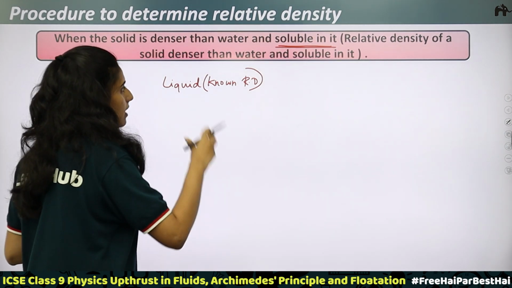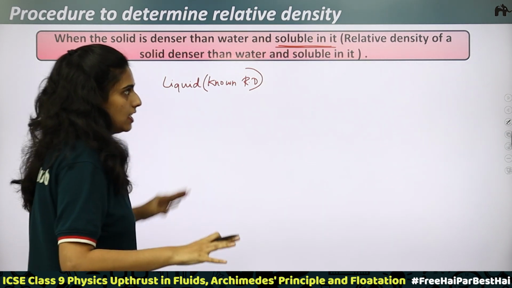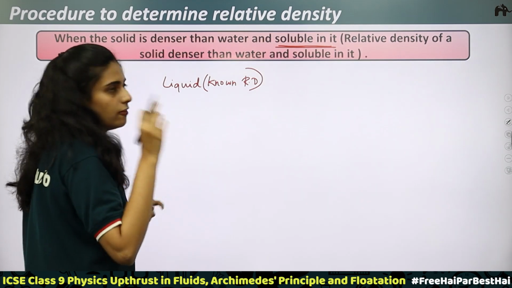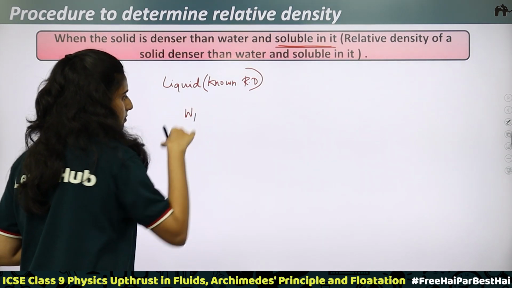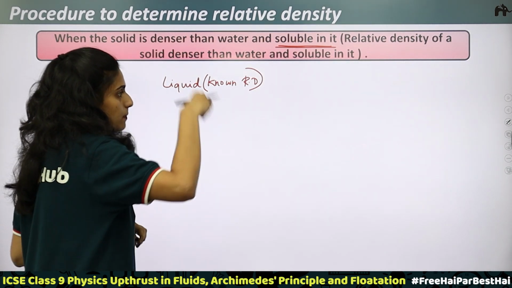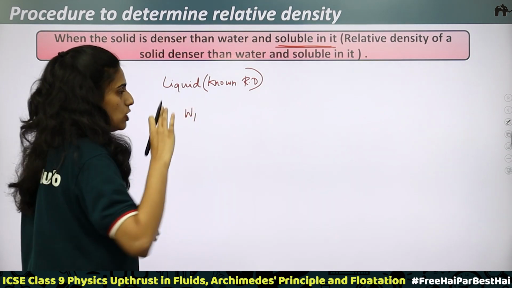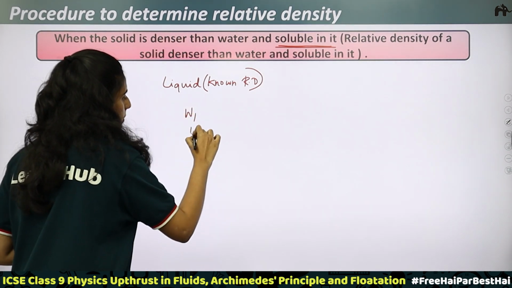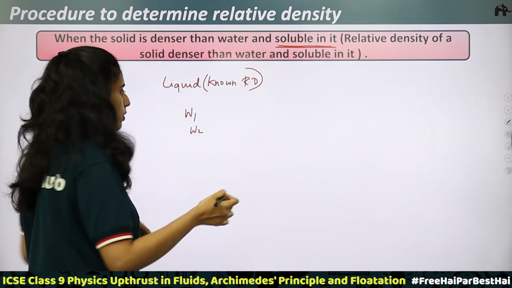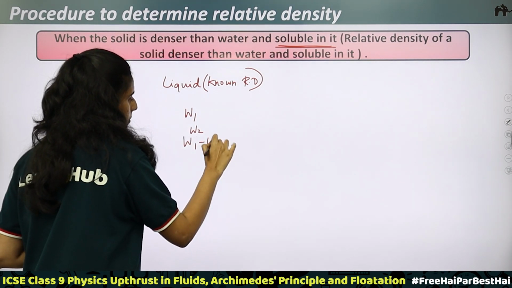Now again, the same procedure: take the object, suspend it, and find its weight. You will get W1. Next, suspend it inside the liquid which you have taken. That weight will be W2. There will be a loss in weight, W1 minus W2.